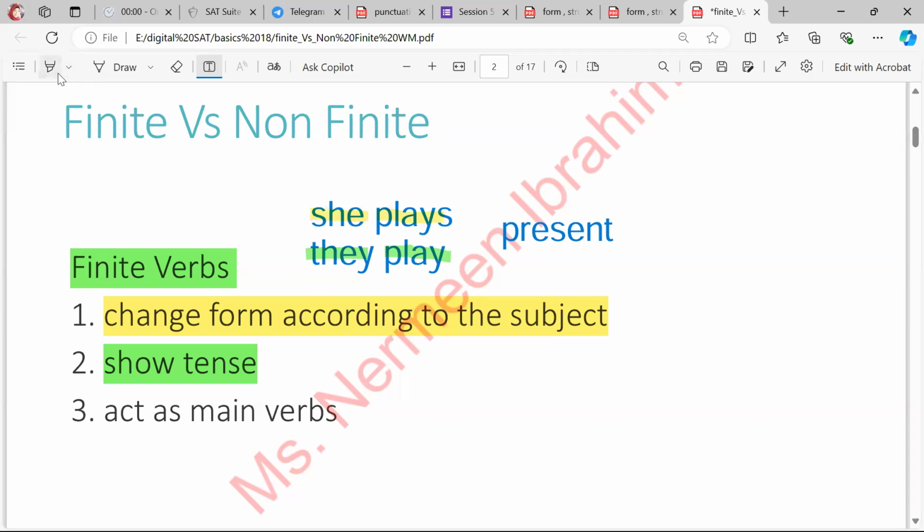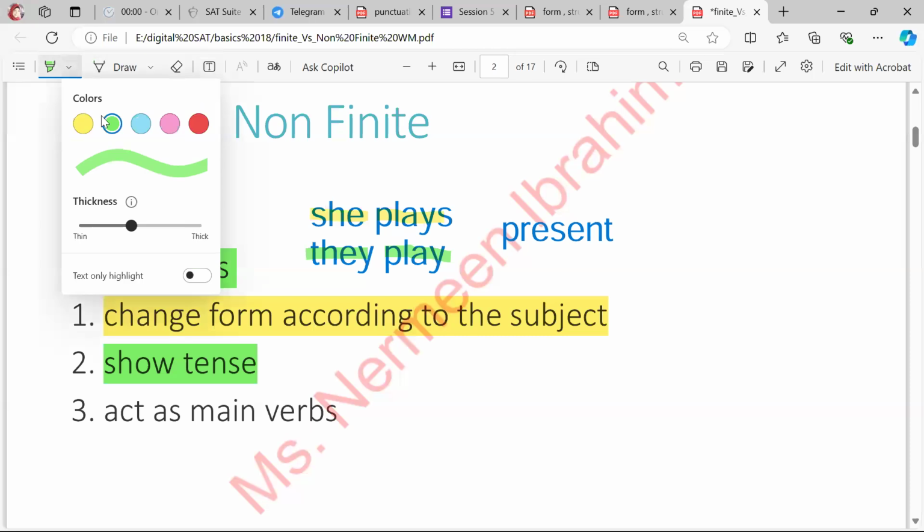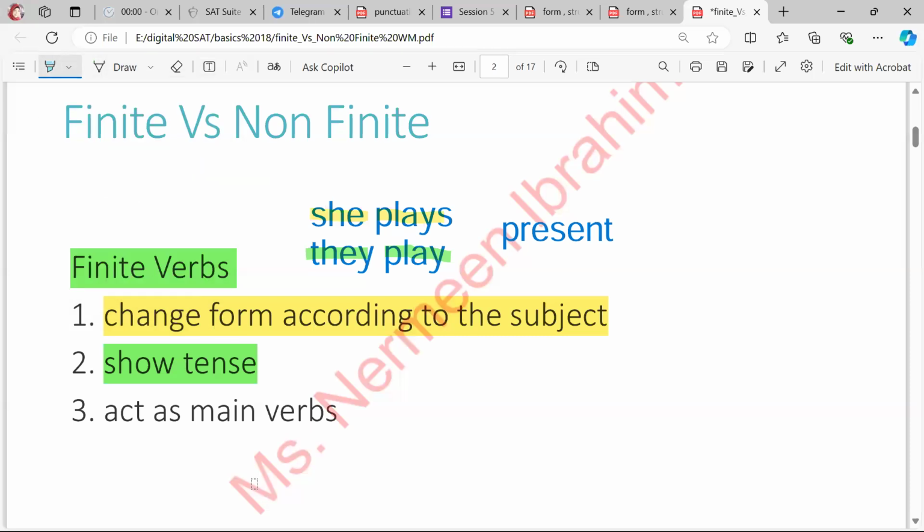Okay, the last condition in order to say that this is a finite verb is that it acts as a main verb. Finite verbs act as main verbs. Means what? She is a subject.